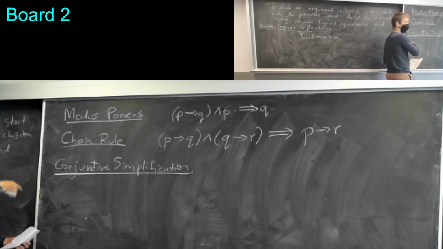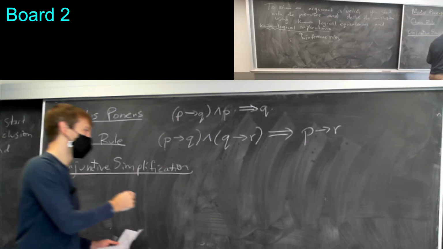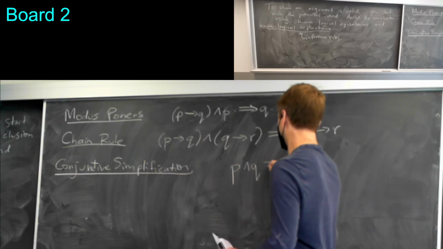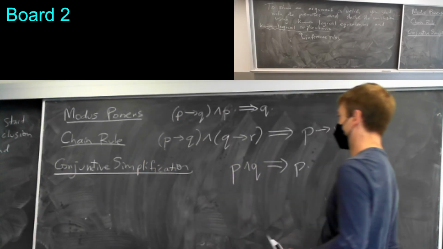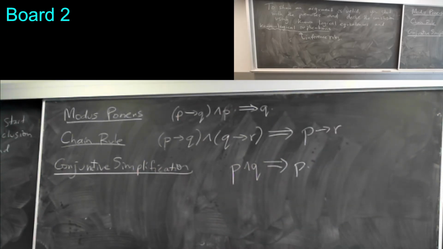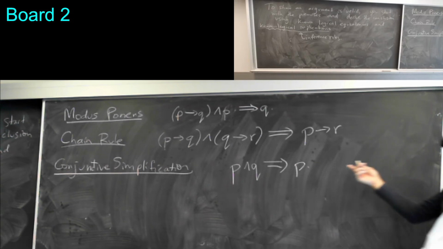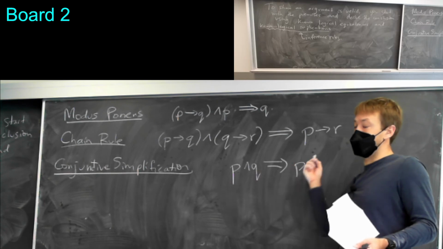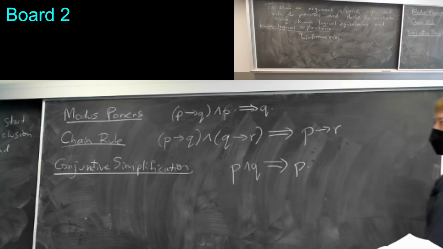Conjunction, remember, means and. It's almost silly, right? But P and Q implies P, because it implies both of them.